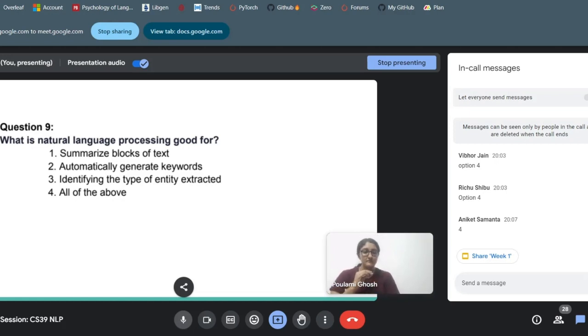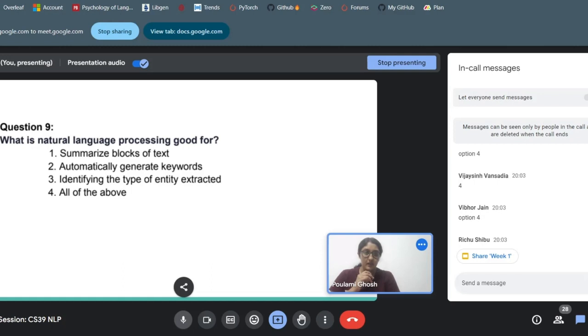I also think ChatGPT or BART or BERT models support natural language processing. They do summarization, extraction of keywords and all. We can tune those models to do these tasks, which are based on NLP.